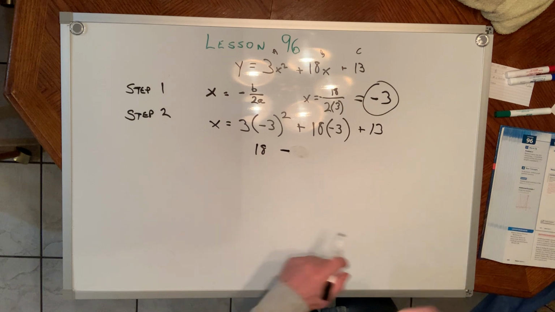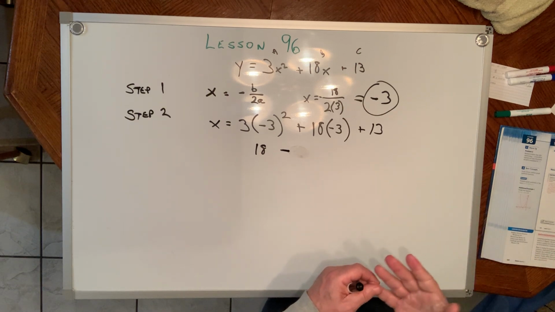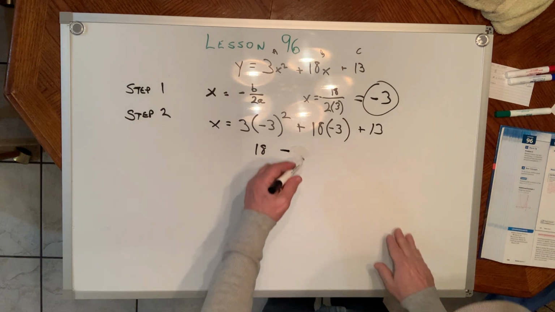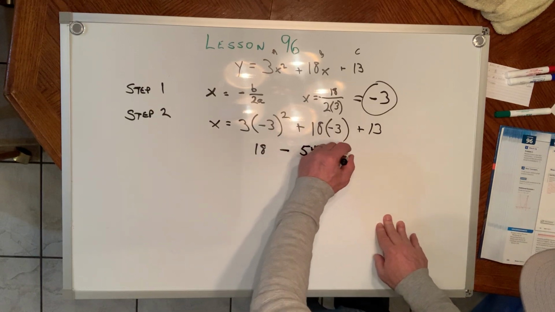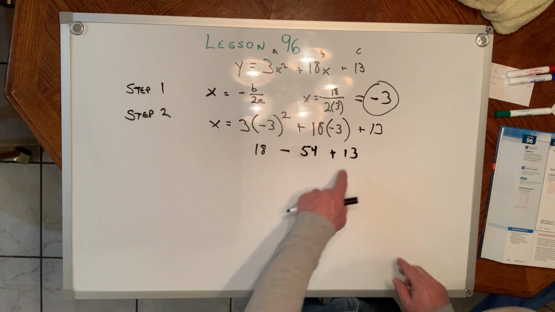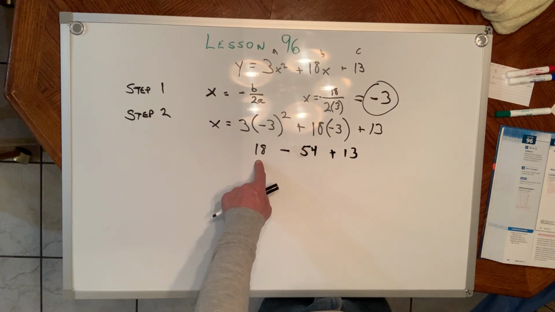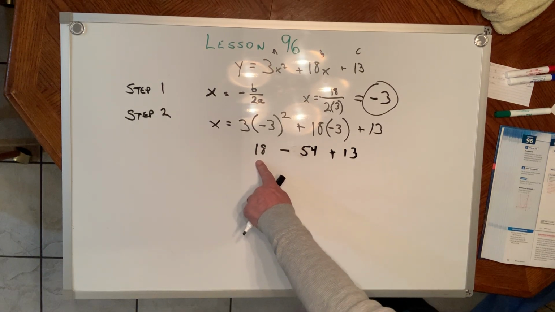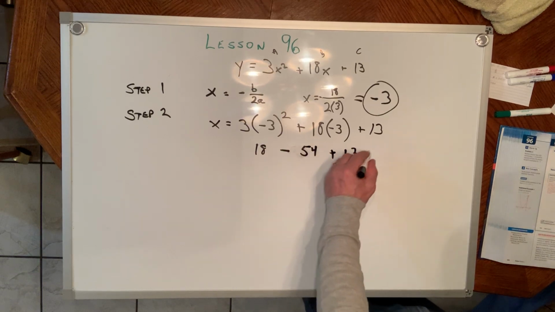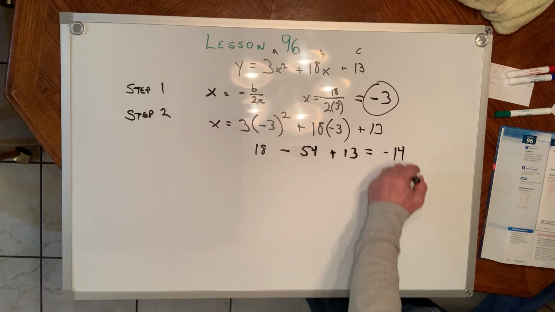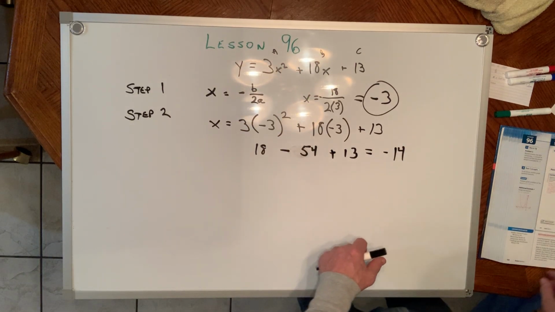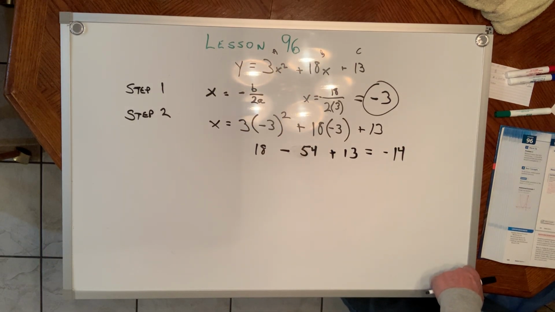They kind of skipped that whole step. 3 times 18, that's going to be 54. And then plus 13. Okay, 13 and 18, that gives me 31. And minus that, you should end up with negative 14 right there if you do all that properly.